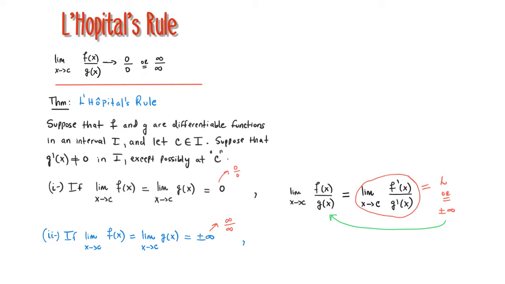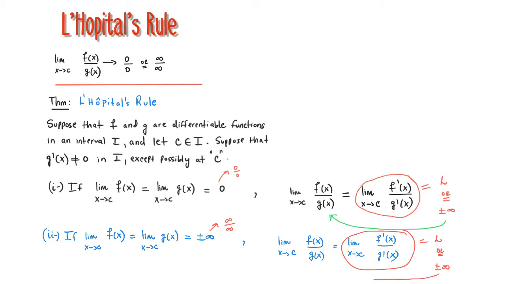If this is the case, then again the rule says that the limit as x approaches c of f of x over g of x is going to be equal to the limit as x approaches c of f prime of x over g prime of x. And same idea as before: if the limit of the quotient of the derivatives is equal to L or to plus or minus infinity, then the same will be true for our original limit.